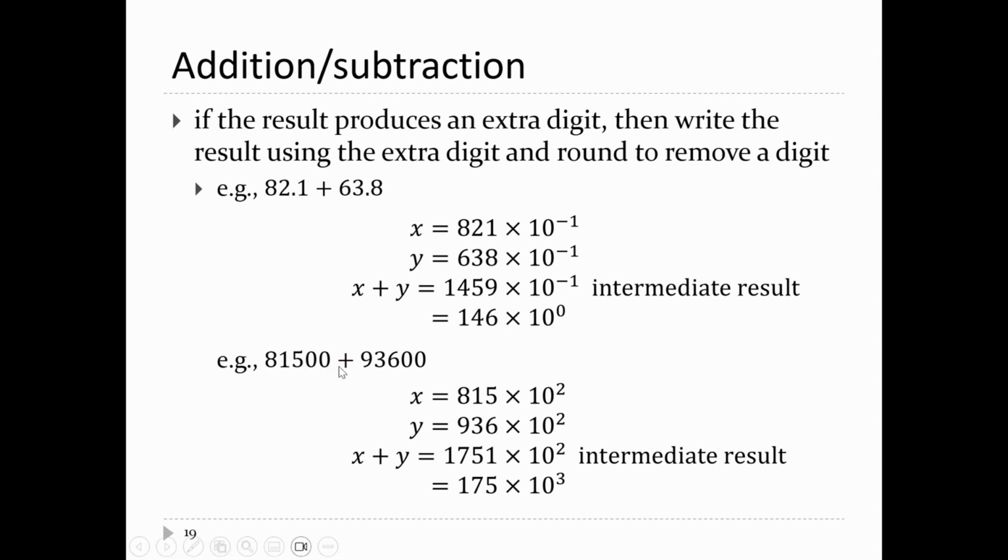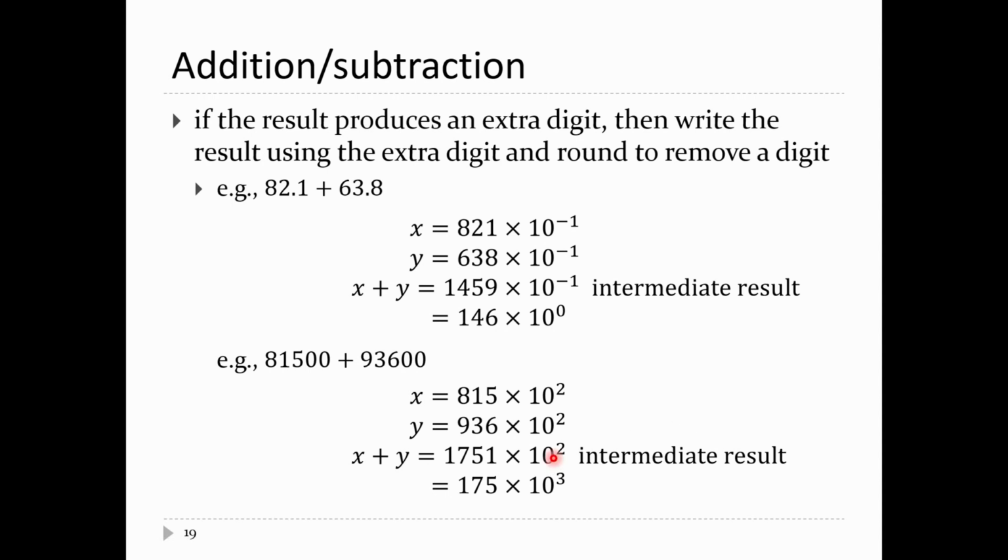Same thing, so 81,500 and 93,600. Write them out in their floating point representation. Compute the sum. Here I get 1751 times 10 to the 2. There's too many digits, so round this to the third significant digit. You get 175.